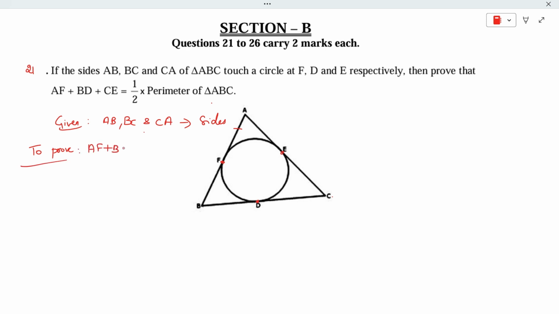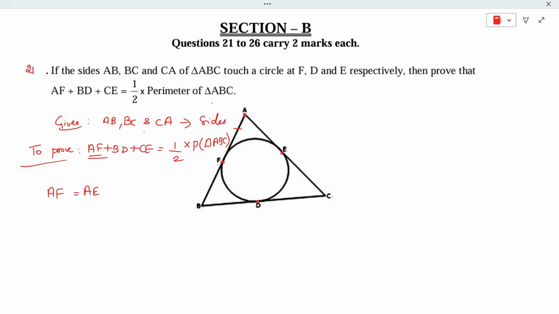So in order to prove AF plus BD plus CE is equal to half of perimeter of triangle ABC, I need to find what is AF first. So what is AF? Consider a circle. A is the external point on the circle. So from the external point, the tangent touches the point E and F on the circle. So AF is equal to AE, right?